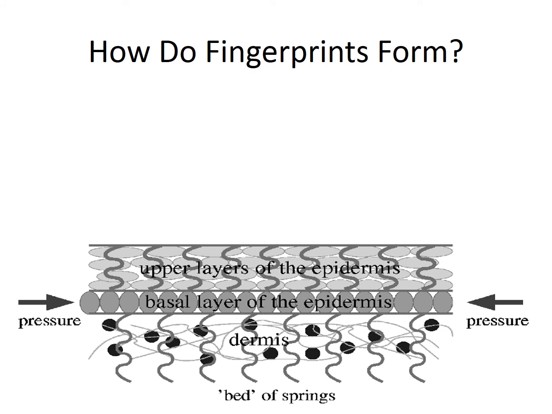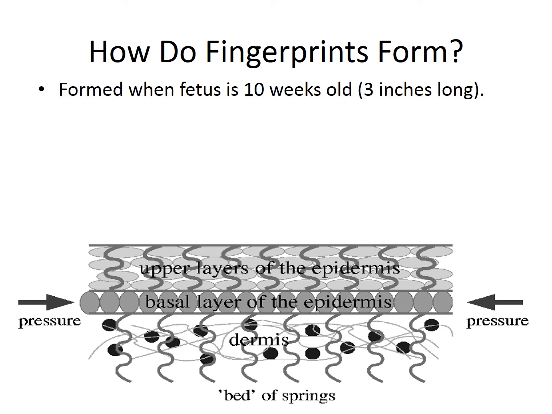So fingerprints form when you're about 10 weeks old, very, very early in pregnancy. They're created in the basal layer. Basically, we've got the upper layer of the epidermis, and the basal layer is in between the upper layer of the epidermis and the dermis itself.